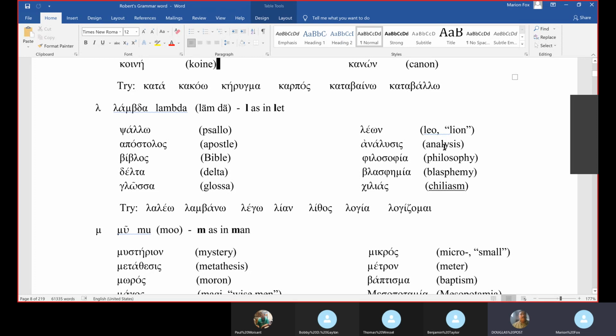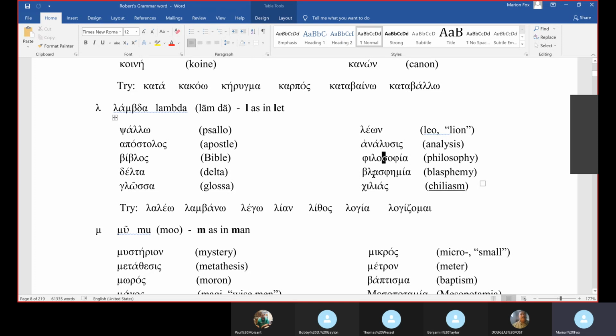So analysis is you loose things and bring them into the individual parts. So you look at all the individual parts of something. Philosophia, philo is affection, and the last part, Sophia, is wisdom. So it's affection or love of wisdom.